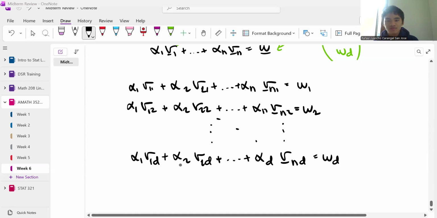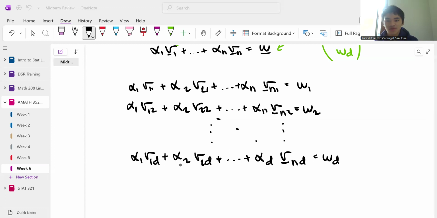Right, so what are these exactly? How many equations do we have? Well, here we have d equations.